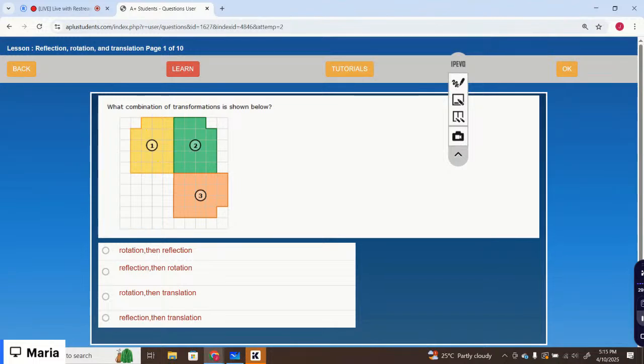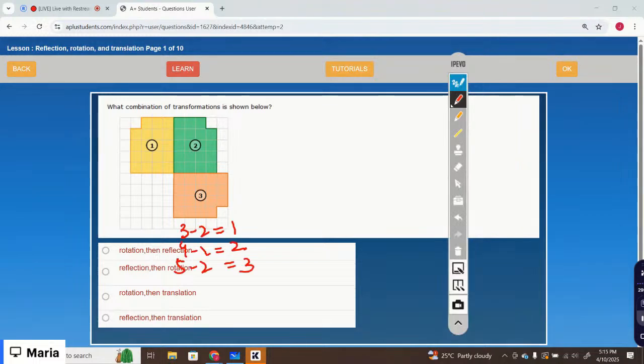What combination of transformations is shown below? So just look at the 1 and 2. 1 to 2, 2 is the reflection of 1.